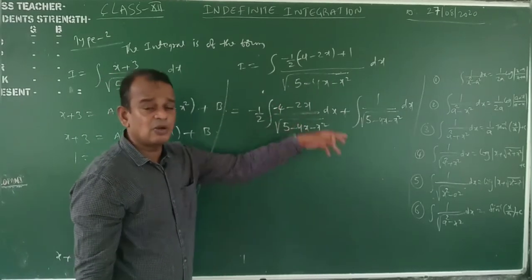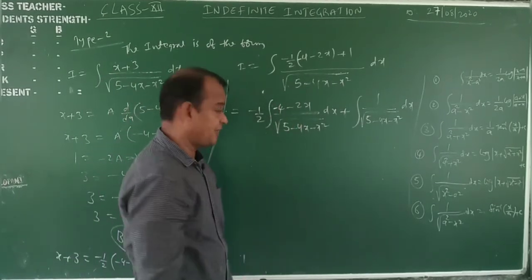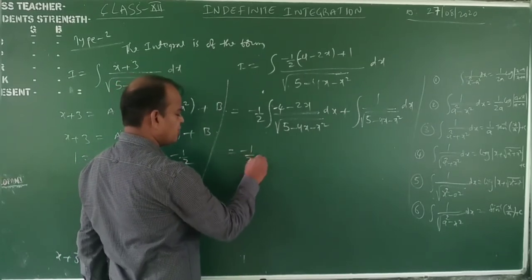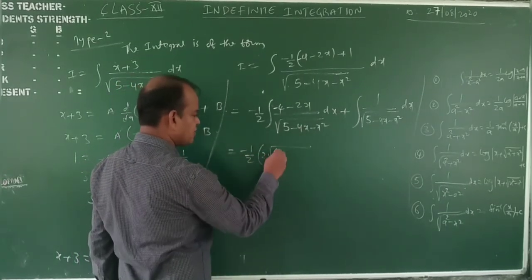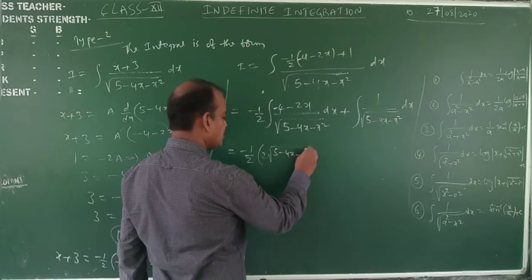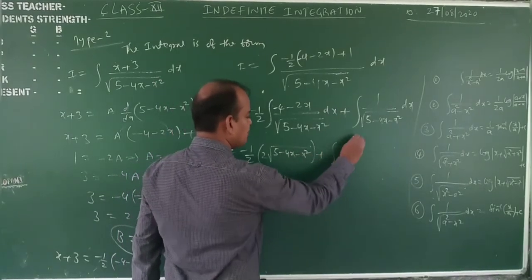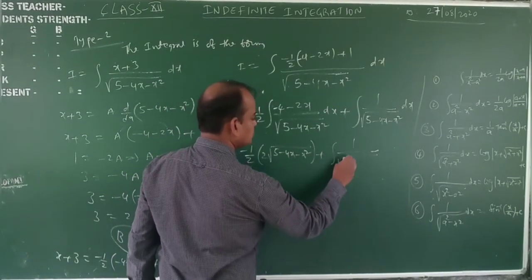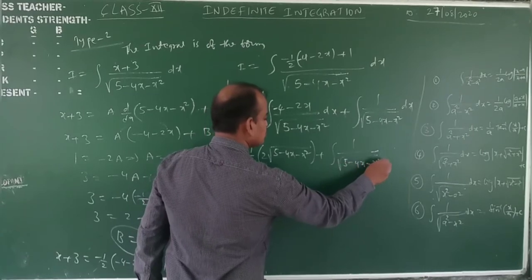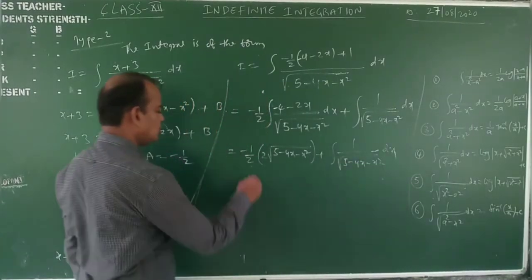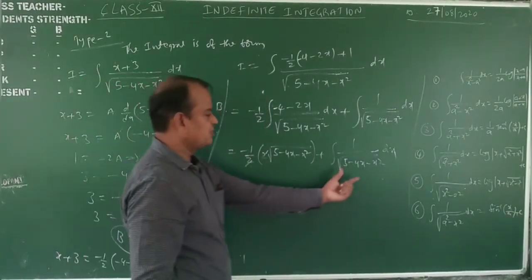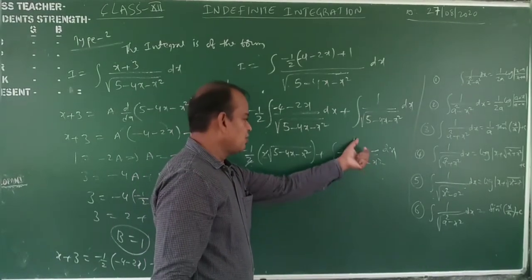F dash of x by root f of x, what is the formula? 2 root f of x. Minus 1 by 2 into 2 root f of x, f of x means 5 minus 4x minus x square, plus integral of 1 by, now these two cancel. Again this will take 1 by type.